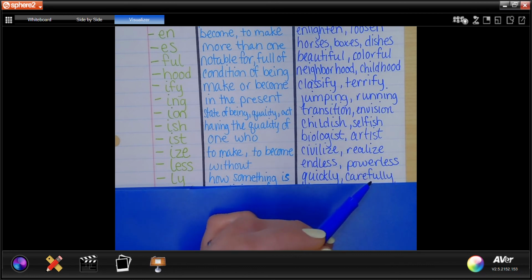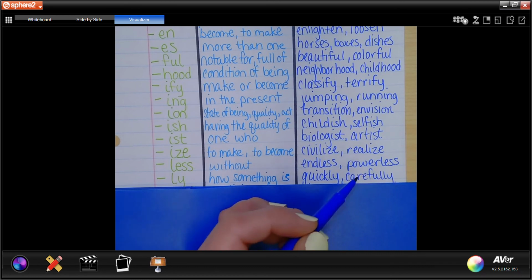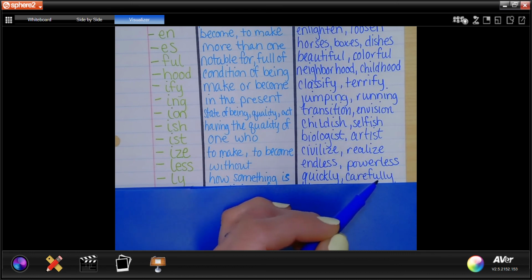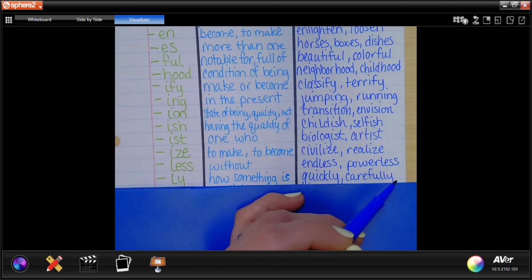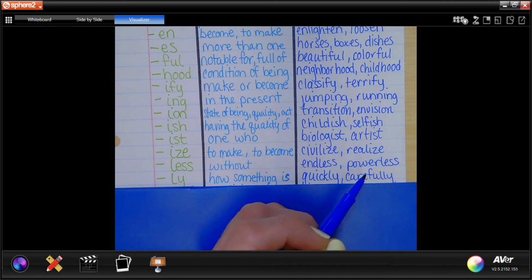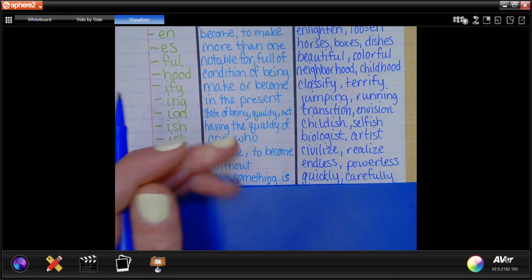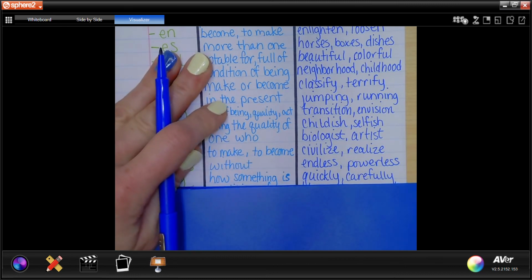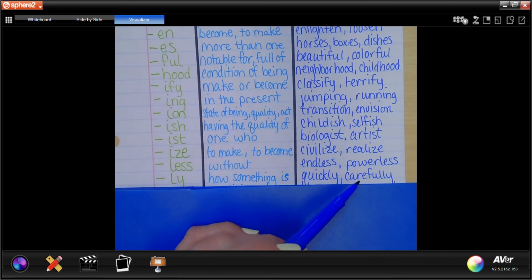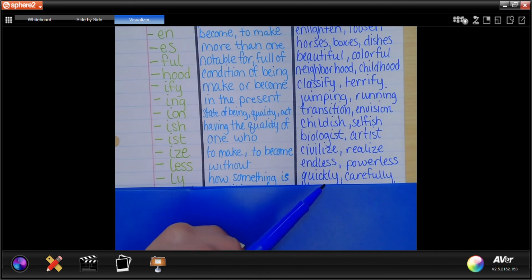Carefully has two suffixes. Carefully has the suffix full, which means full of care, and ly at the very end is how something is, so carefully. So how something is caring, carefully, how something is quick, quickly.